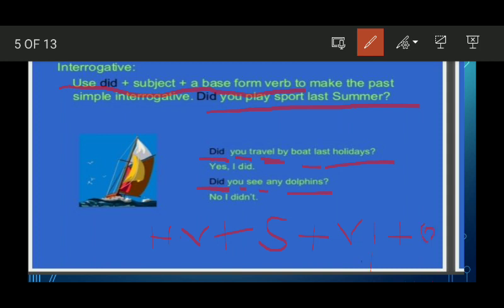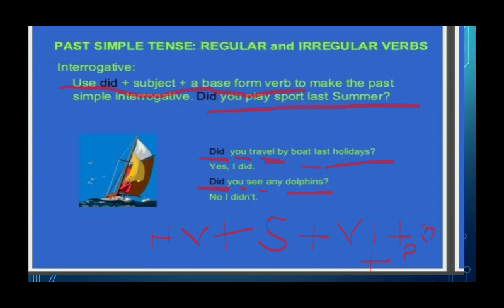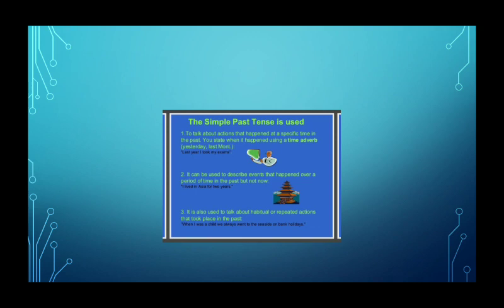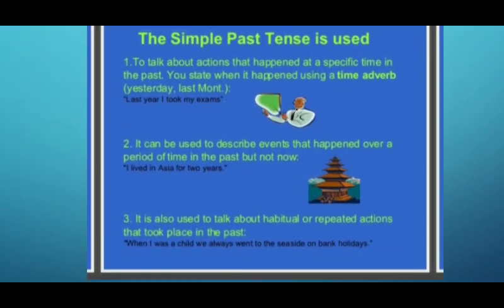Finally, we always end any interrogative sentence with the interrogation mark. In this way we can change any sentence into an interrogative. Okay, now let us move on to the simple past tense.